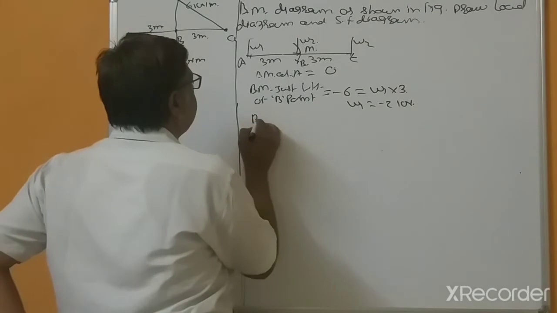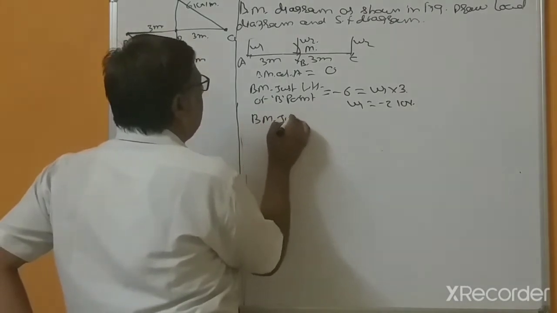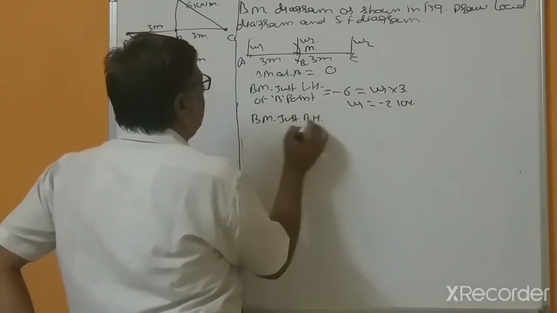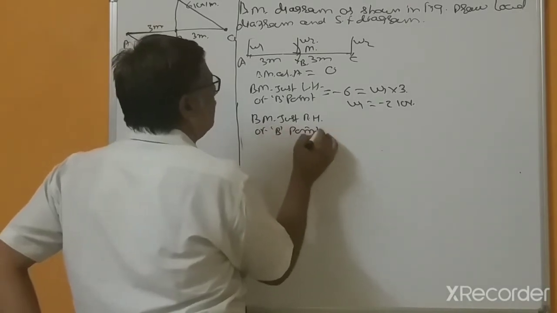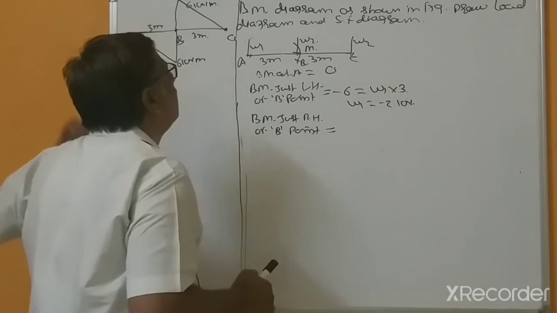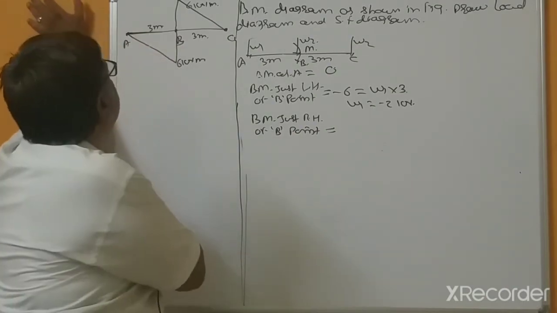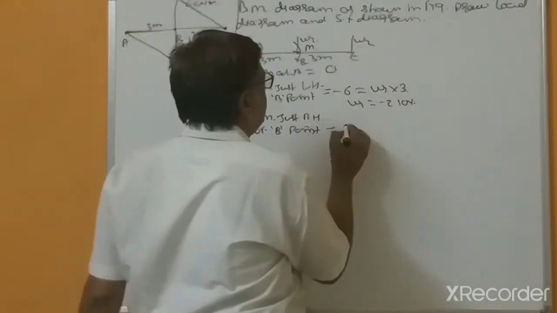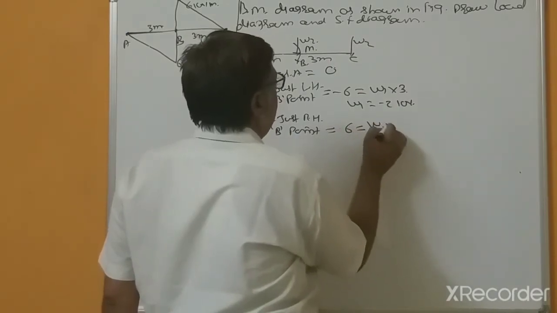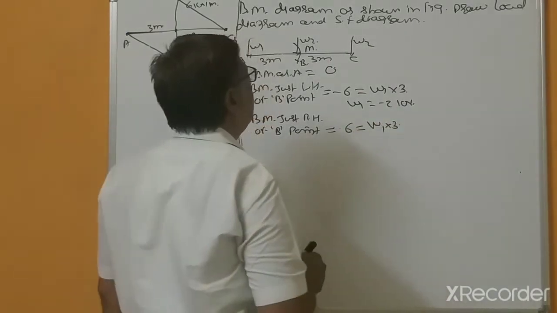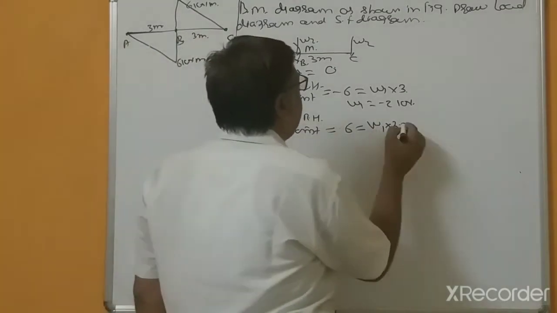Now bending moment just right hand side of B point is plus 6, W1 into 3 plus m.